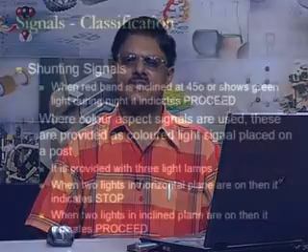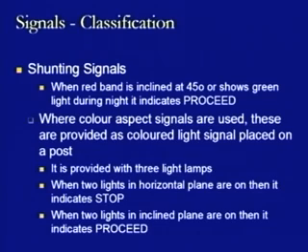In the case of the color aspect signals used for shunting, these are provided with color lights placed on a post, and generally it is provided with 3 lamps. When the 2 lights in the horizontal plane are on, then it indicates a stop.